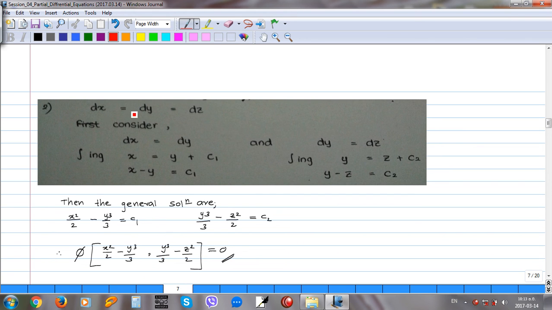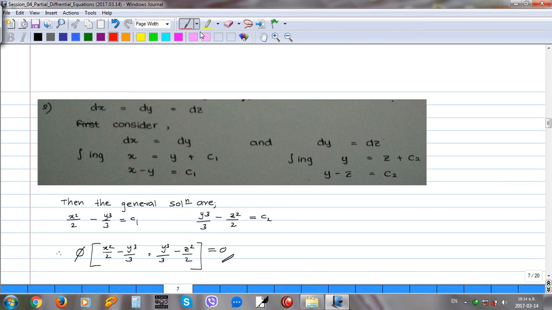Then the second example: dx equals dy equals dz. You have to consider first two, dx equals dy, then you can integrate, then it comes x equals y plus c1, where c1 is an arbitrary constant. Then you can subtract c1, so you can take x minus y. Again you can consider dy equals dz, then y equals z.